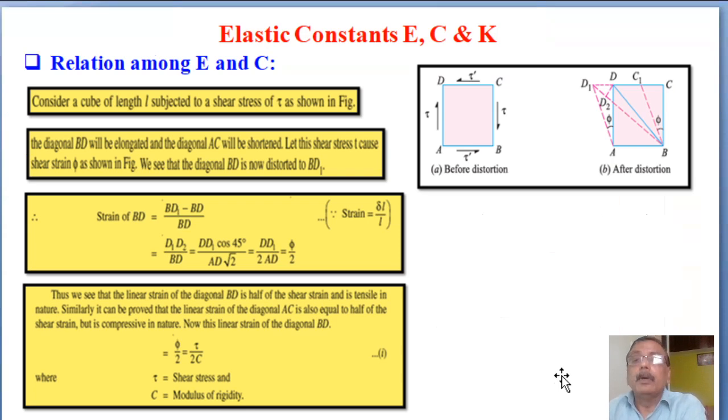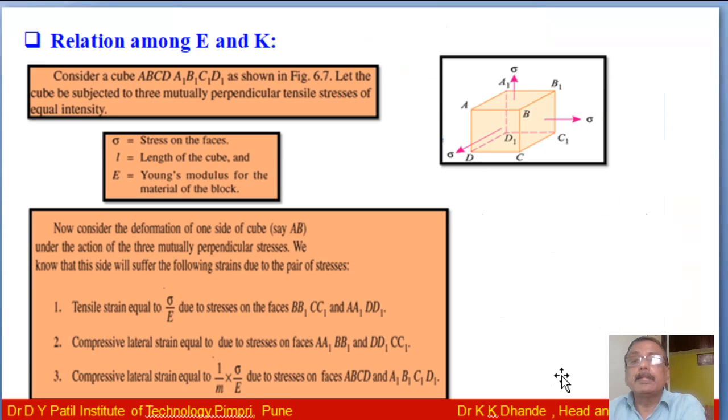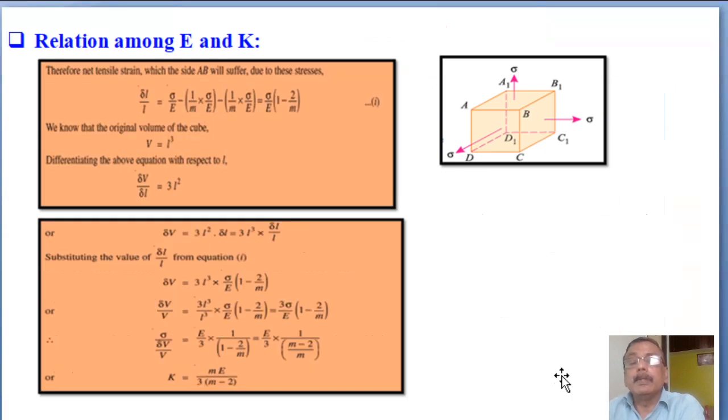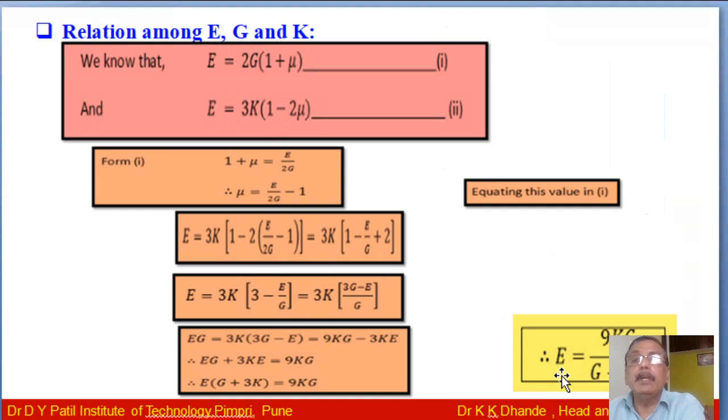Now here we have to concentrate only on the relations between these three elastic moduli. Why are they called elastic moduli? Because they apply within the elastic limit. That's why the name elastic moduli is given. Its fourth property is Poisson's ratio.